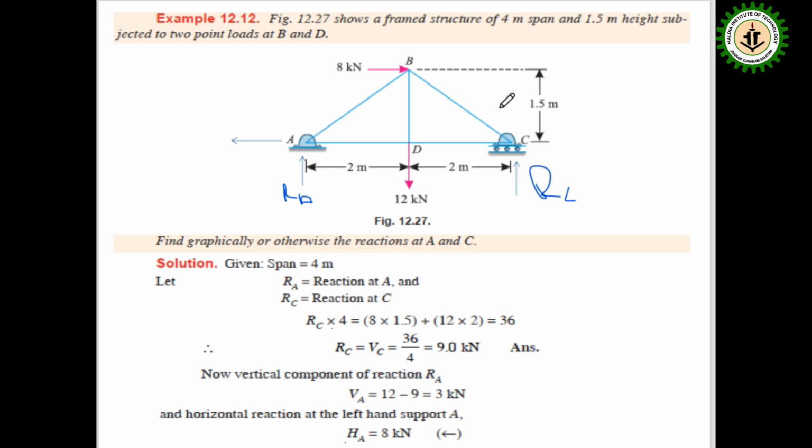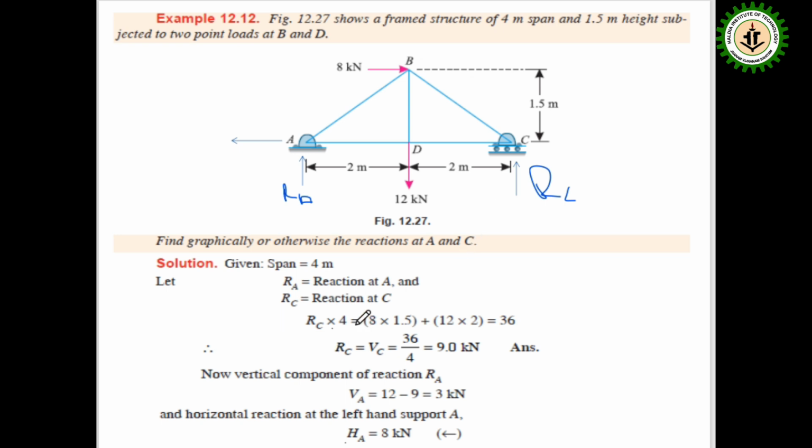So RC into 4, in clockwise direction. We consider taking moment from A, the distance is 4, and the force is rotating in anti-clockwise direction. If we consider anti-clockwise as positive, then clockwise is negative.